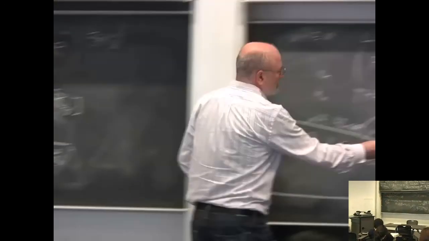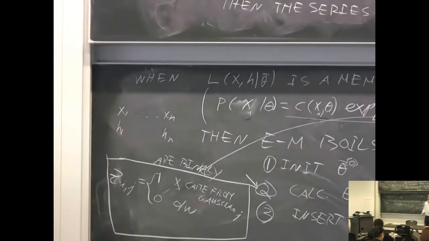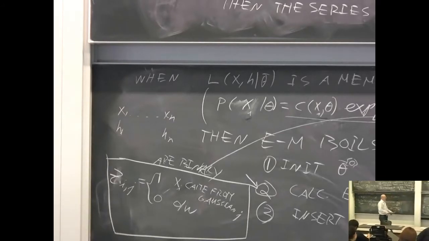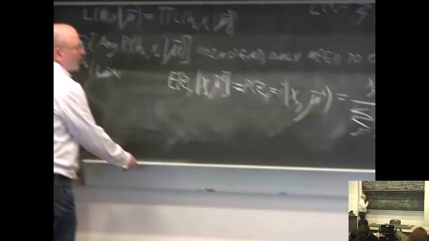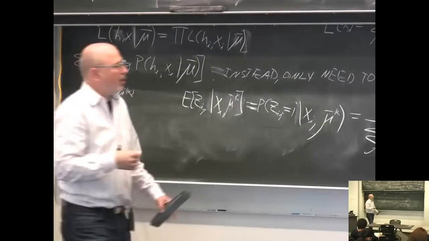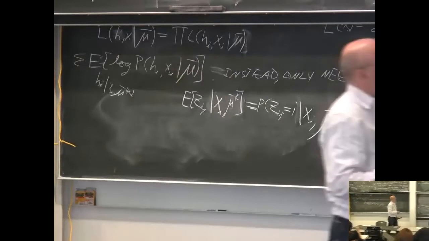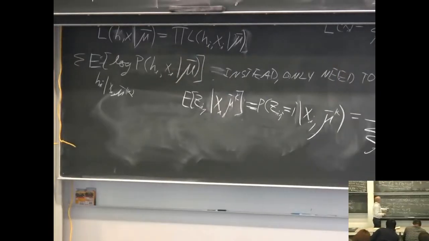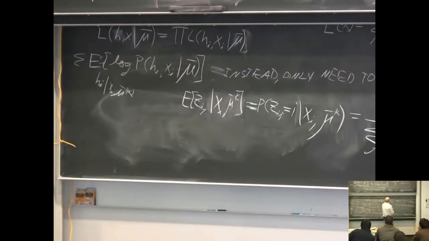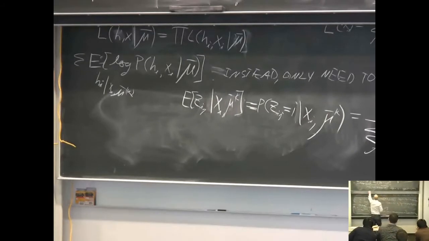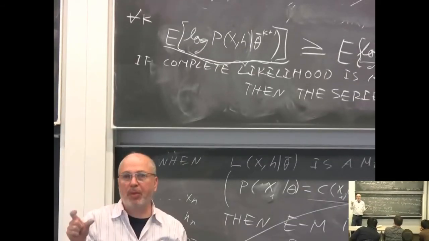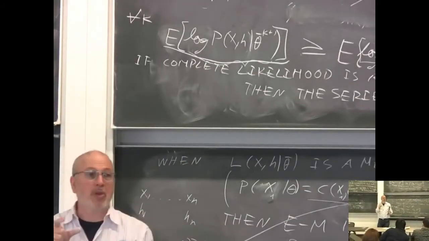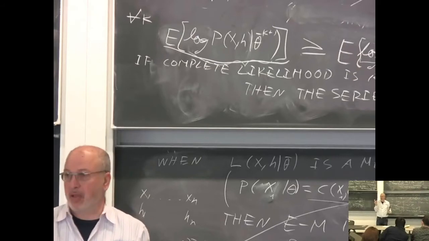You can call it the E step for the shortcut case. And now we need the M step for the shortcut case. We said that the M step is to maximize this expression simply by taking where the hi's, or the zi's, were supposed to be and replacing them with their fractions.